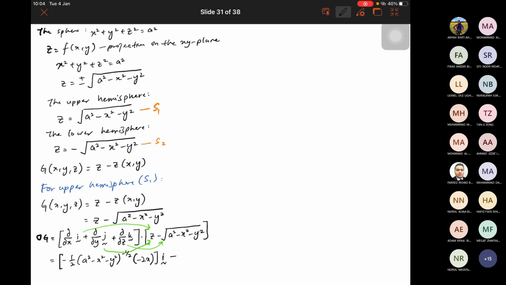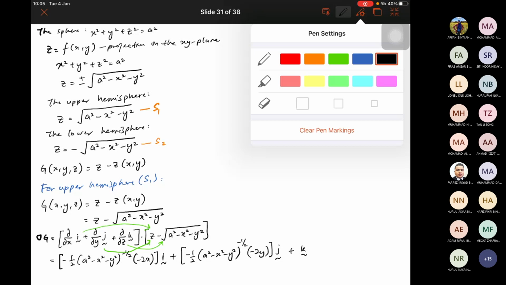Plus negative 1/2 (a squared minus x squared minus y squared) to the power of negative 1/2, times negative 2y, for the j component, plus k. So from here we get delta G. So simplify this equation.